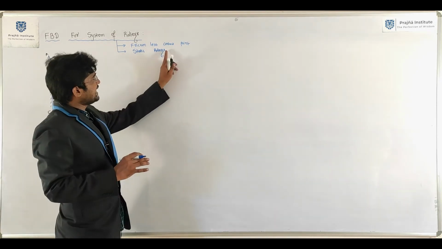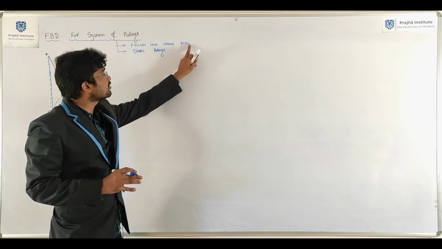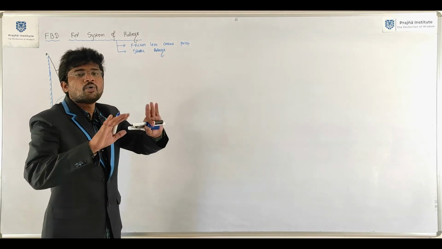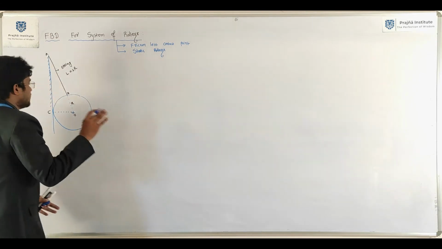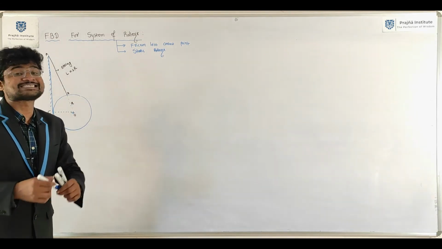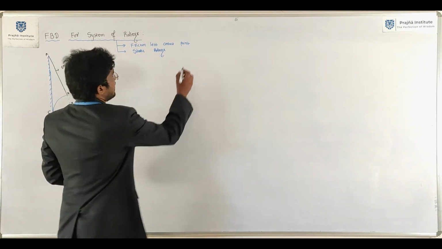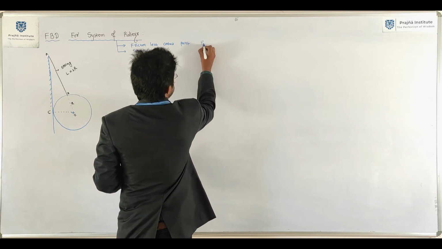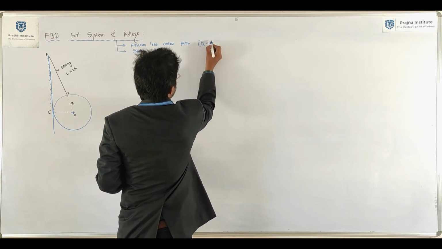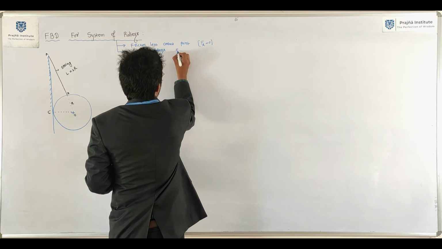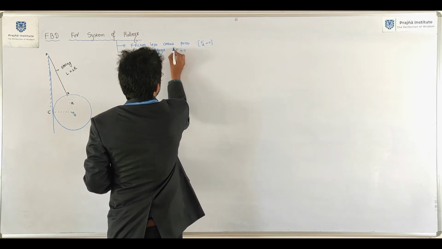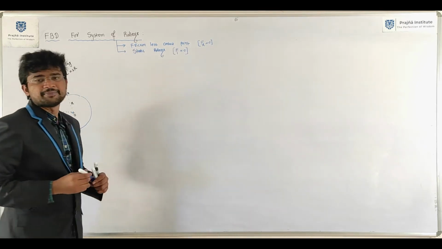Okay, so here inertia force and frictional resistance won't come in drawing free body diagram for system of rollers. Here frictional resistance equals 0, inertia force equals 0. Understood now?